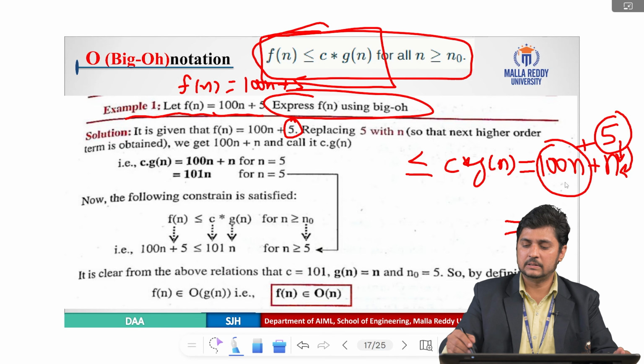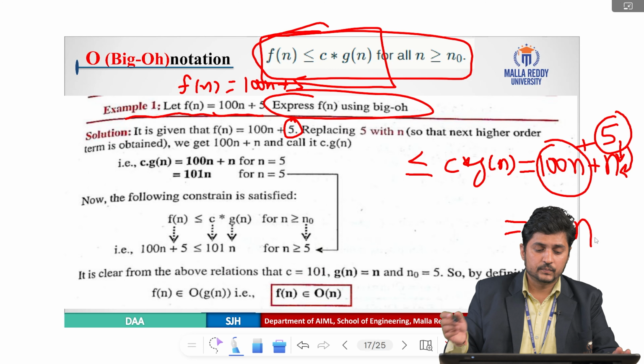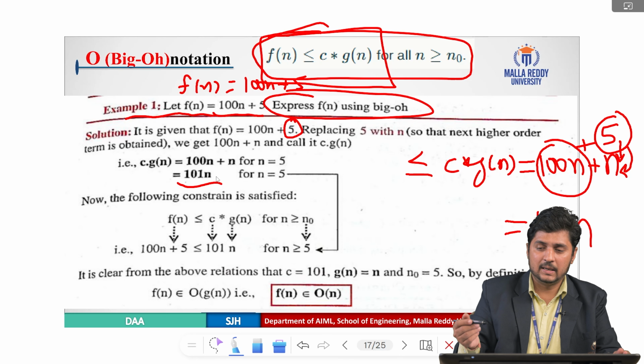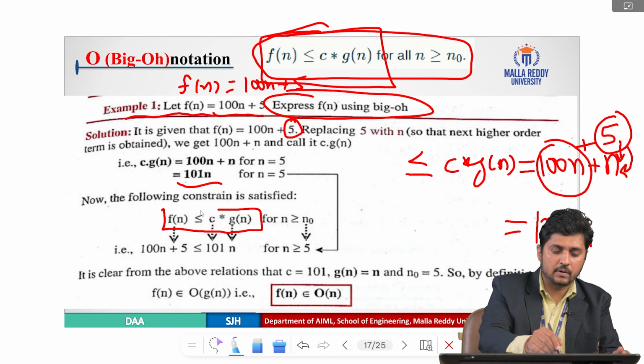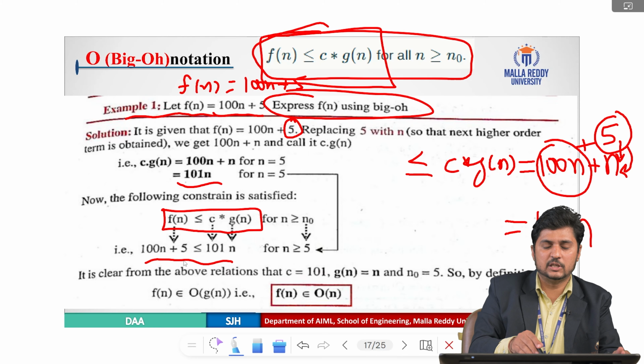Once we replace, we perform an addition operation, so we get 101n. Once we get 101n, we replace it in our actual definition of big O notation. We'll see here 100n plus 5 is less than or equal to 101n.